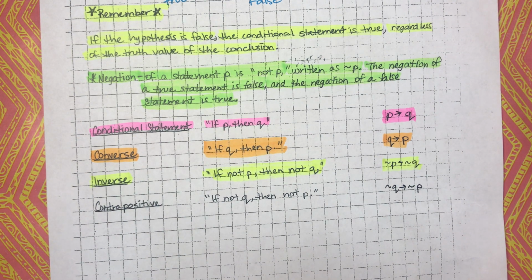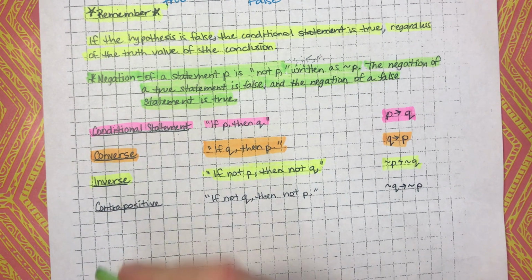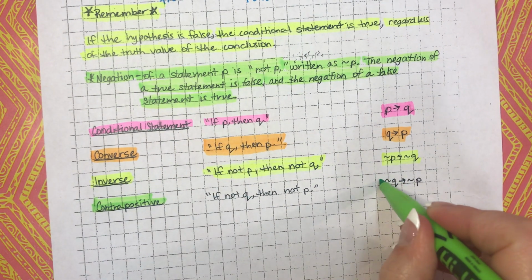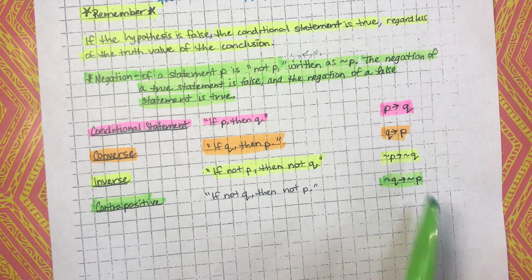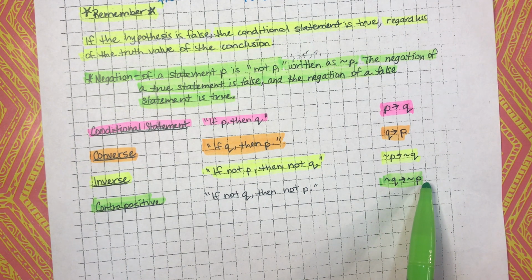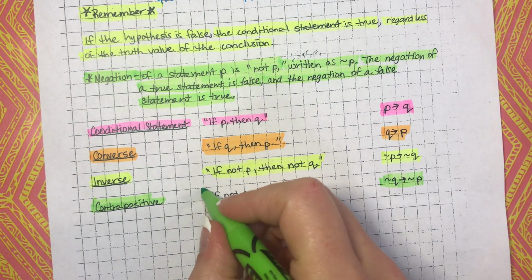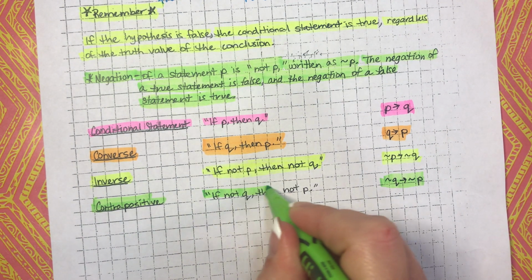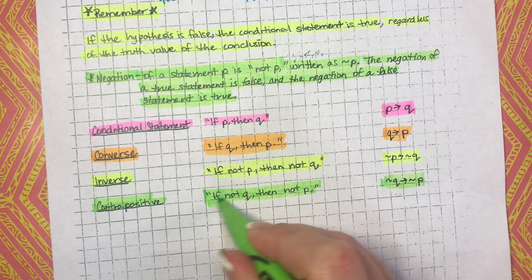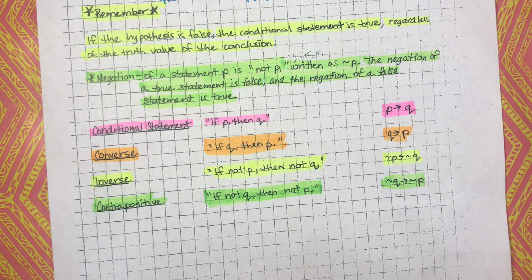And then finally, the contrapositive, which if you look at the symbols, has that negation again, but now the Q and the P, the conclusion and the hypothesis, switch spots. How you would say it is, if not Q, then not P. All of this is super important that you put on a flashcard.